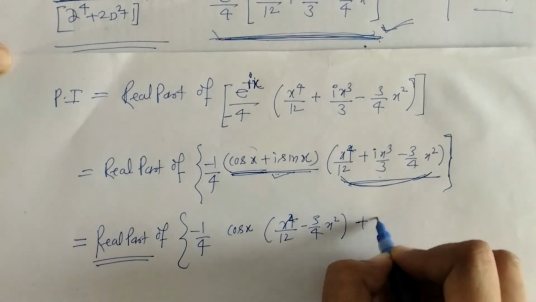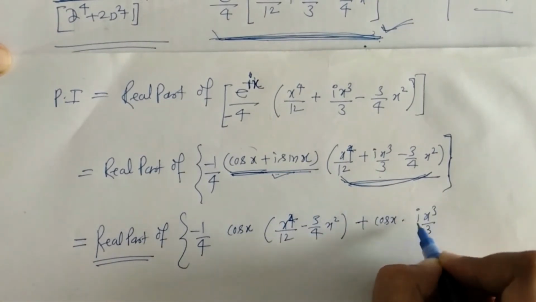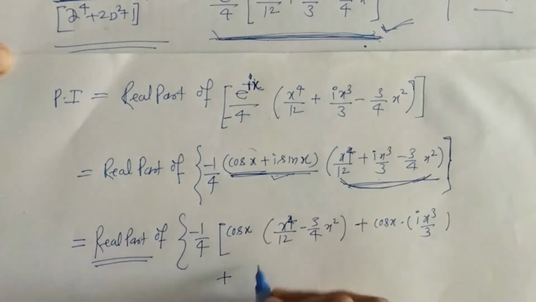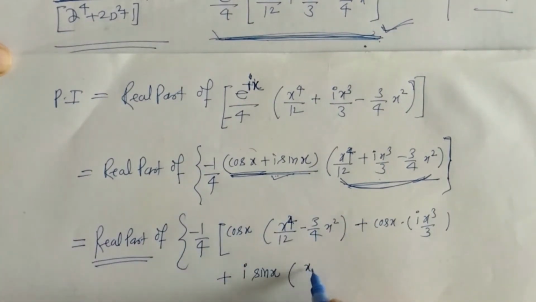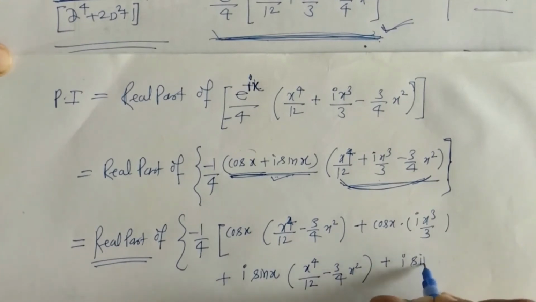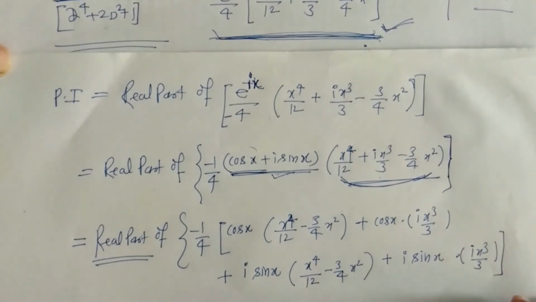Then cos x to the term which contains I. Next, the same: I sin x to the term which is free from I, and the term which contains I here.